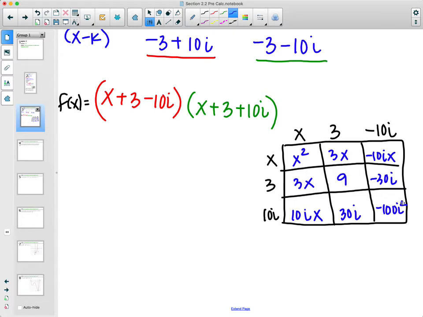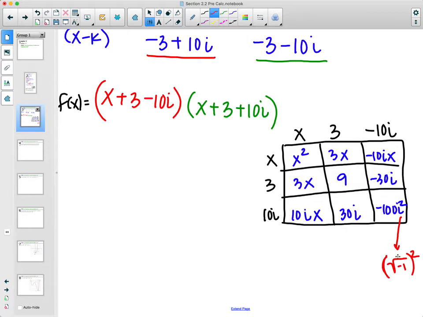100i squared. Okay, so now this is going to be important to remember from Algebra 2, is that i is the square root of negative 1. And so what we really have here is the square root of negative 1, squared.